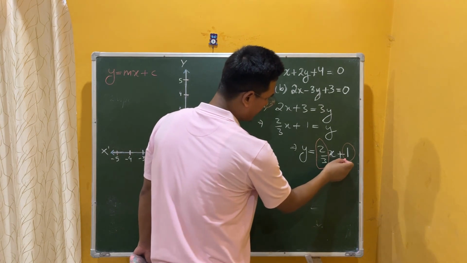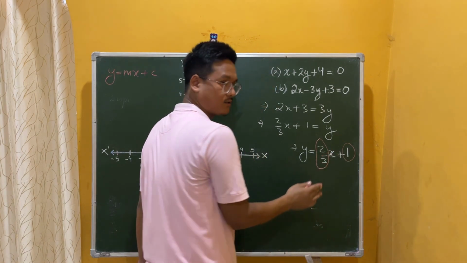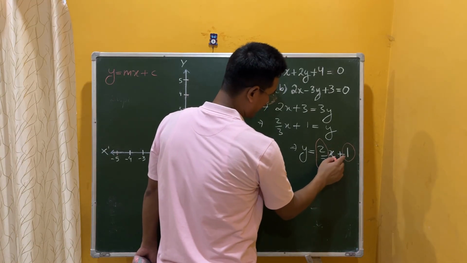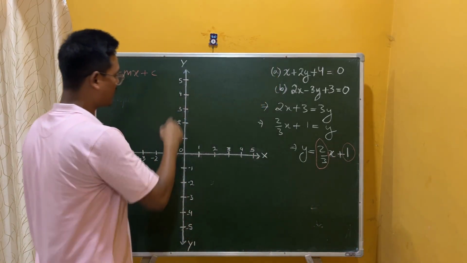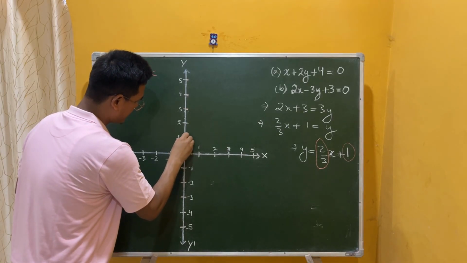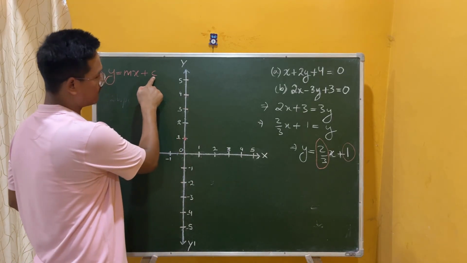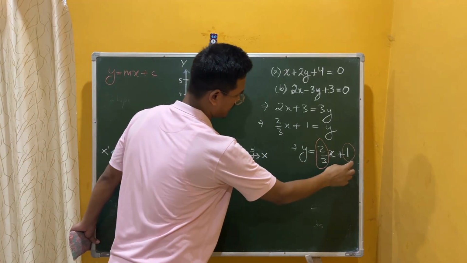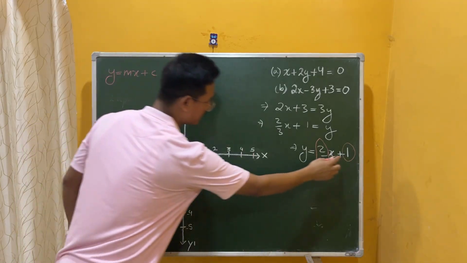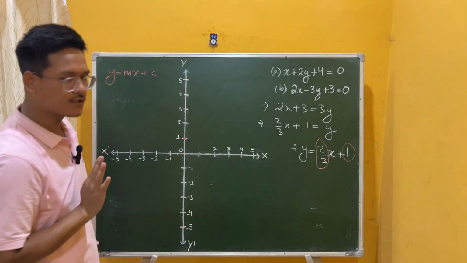We will consider the sign also. So plus 1, you look for plus 1 on the y-axis. So this is the point. That's why this number is called the y-intercept. So plus 1 is here, and you got the first point.